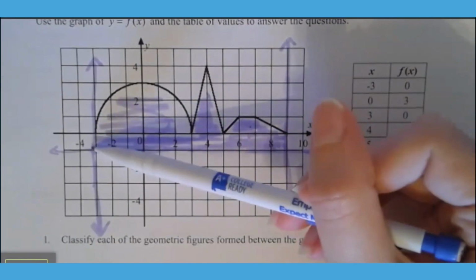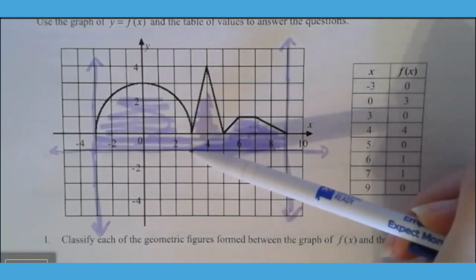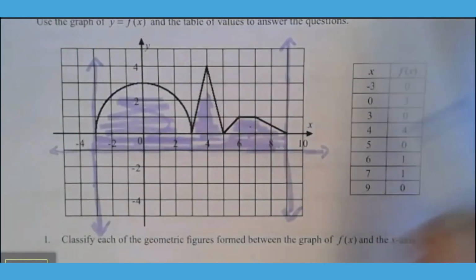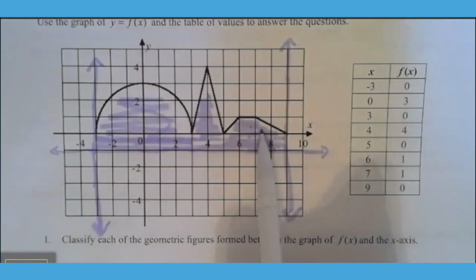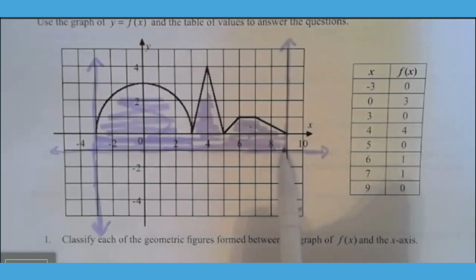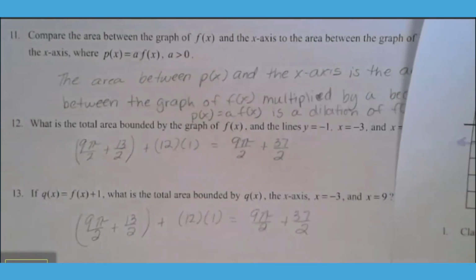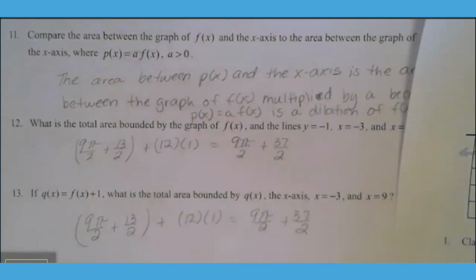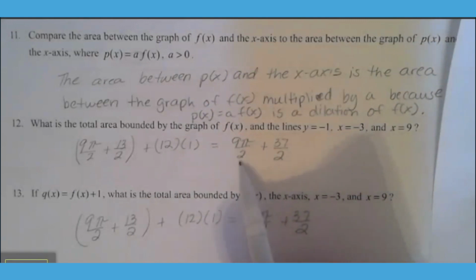Rather than trying to determine what the area of this entire shape is that is now no longer just a semicircle, we can decompose this into the original area that we do know and the area of this rectangle on the bottom, which is a 12 by 1. So in doing so, we can take our original area and add to that the area of the rectangle to get 9 pi halves plus 37 halves.